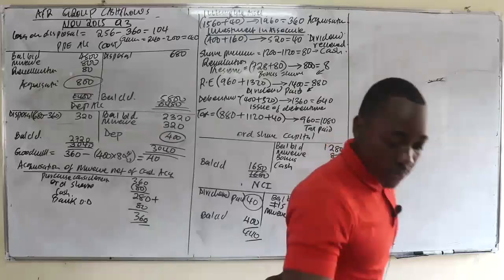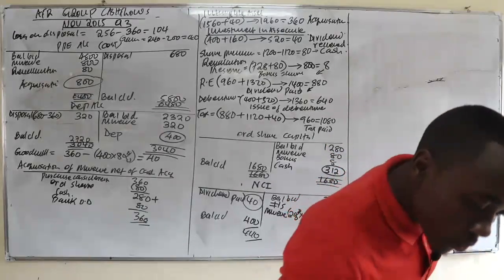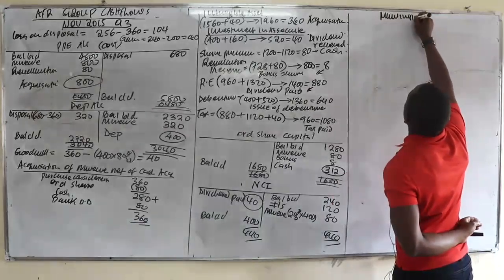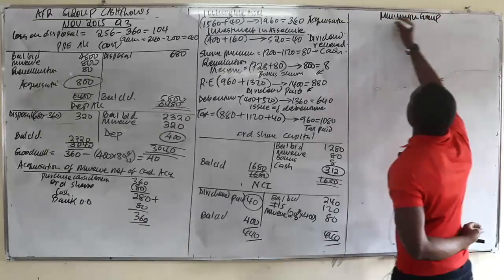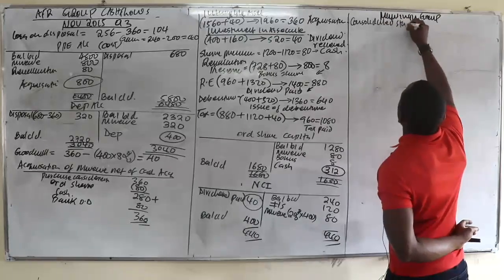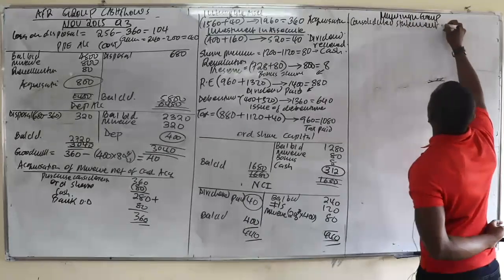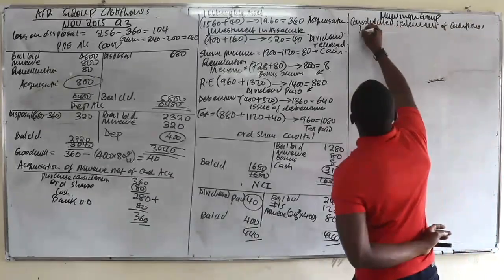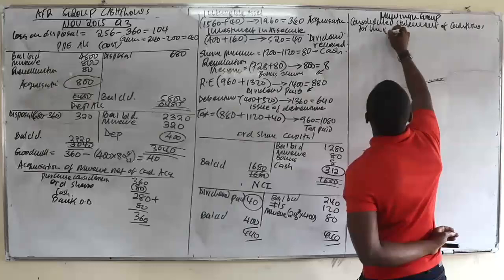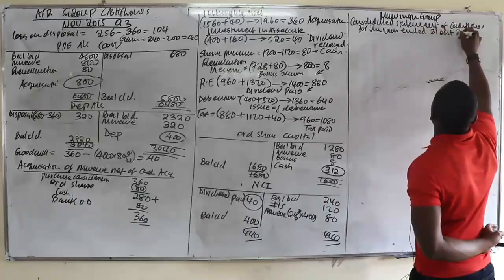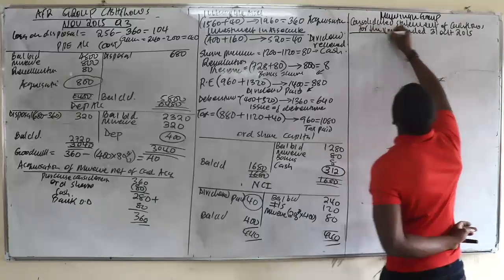So that was Mawingu group. Prepare the consolidated statement of cash flow for the year ended 1st October 2015.